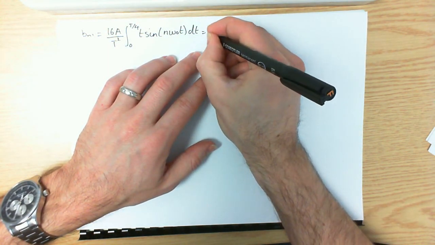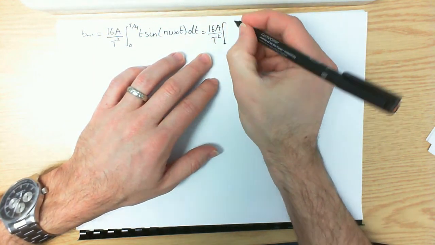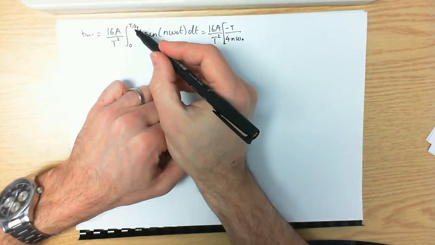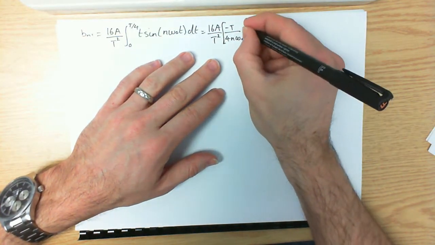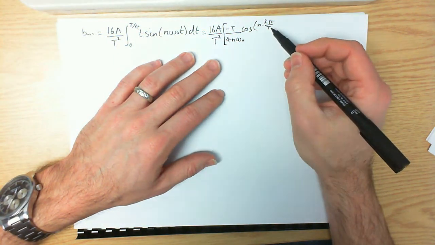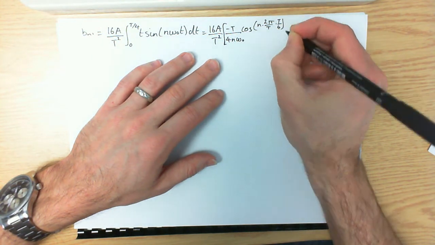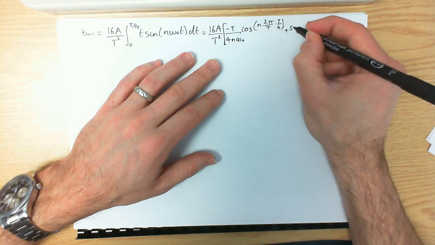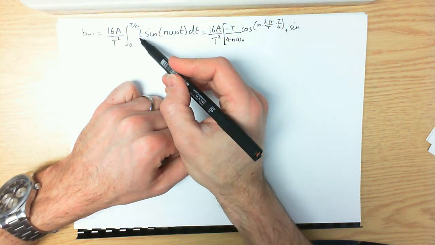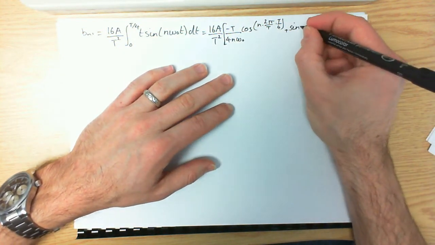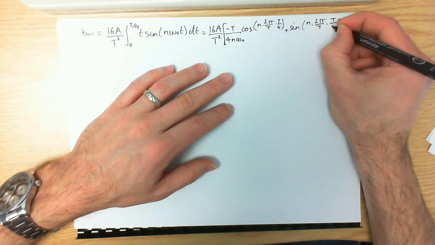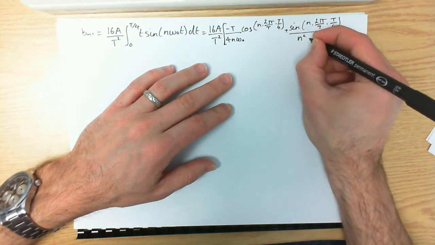So we've got 16a over T squared, which goes into minus T over 4 n omega naught, because remember our upper integration limit is T over 4, cos n 2 pi over T times T over 4, plus sine of n times 2 pi over T times T over 4 over n squared omega naught squared.